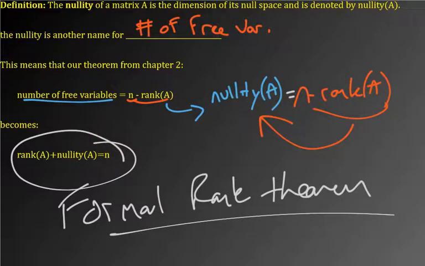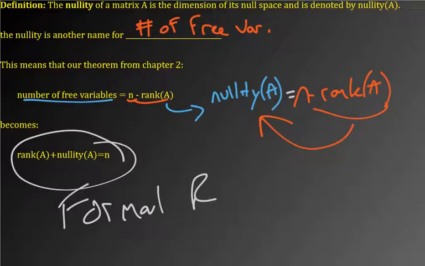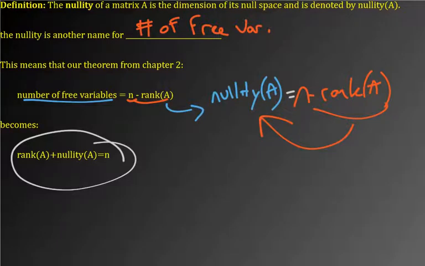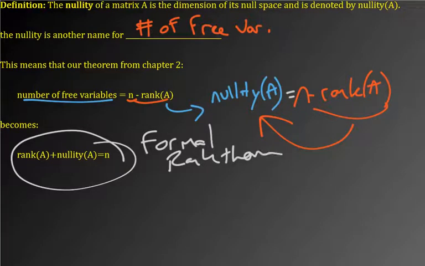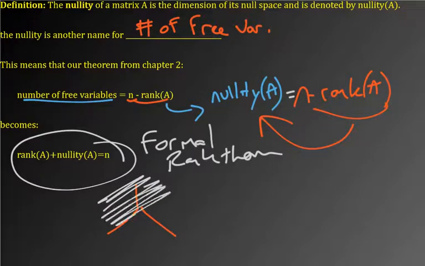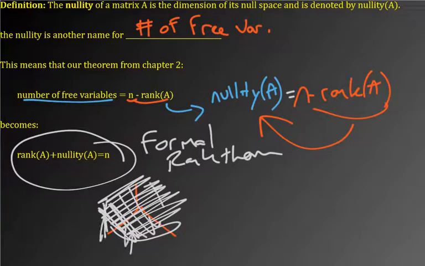If you have a 3D, I'm actually going to make this a little smaller because I want to draw a picture. Formal rank theorem. So if you take 3D space, and let's say you were mapping all of 3D space here, so you had all this different stuff.